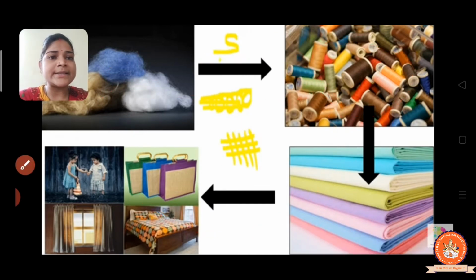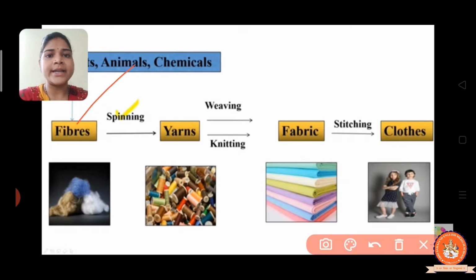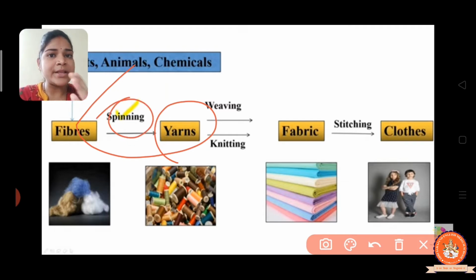Now let us discuss once again. See, the fibers we get from plants, animals and chemicals. Then the fibers are converted into yarns with the process of spinning, and spinning is the process of twisting the fibers together, right?